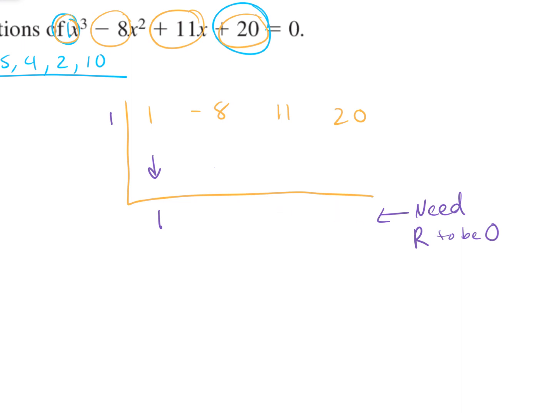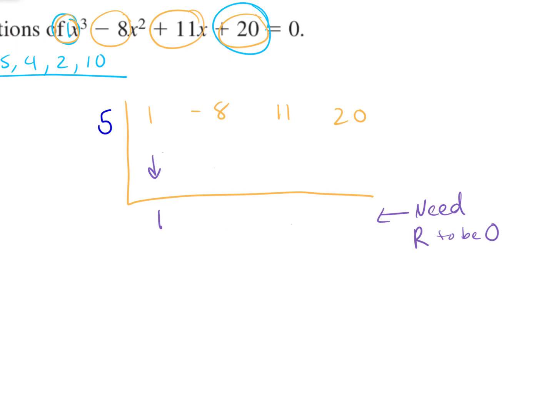Pick another number. 2. Let's try 2. So we multiply, add, multiply, add, multiply. Does 2 work? Nope, our remainder is not 0, so 2 does not work. So pick another number.